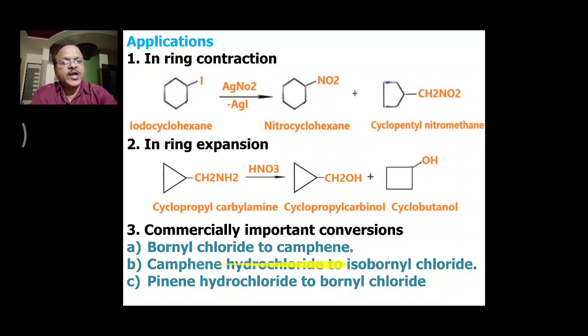Second, camphene hydrochloride can be converted into isobornyl chloride. This is another chemical transformation that we can bring about using this rearrangement. Pinene hydrochloride to bornyl chloride can also be brought about by the Wagner-Meerwein rearrangement reaction.